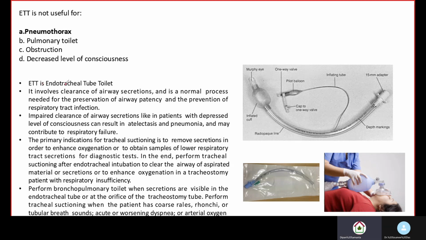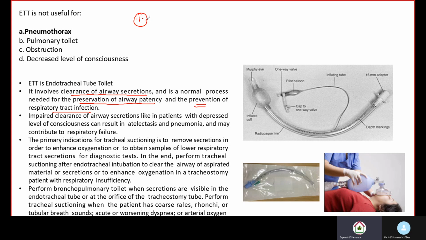So ETT toilet, or simply we sometimes call it endotracheal tube, involves clearance of airway secretions. Clearance of airway secretions is a normal process needed for preservation of airway patency and prevention of respiratory tract infection. So it is not useful for pneumothorax.